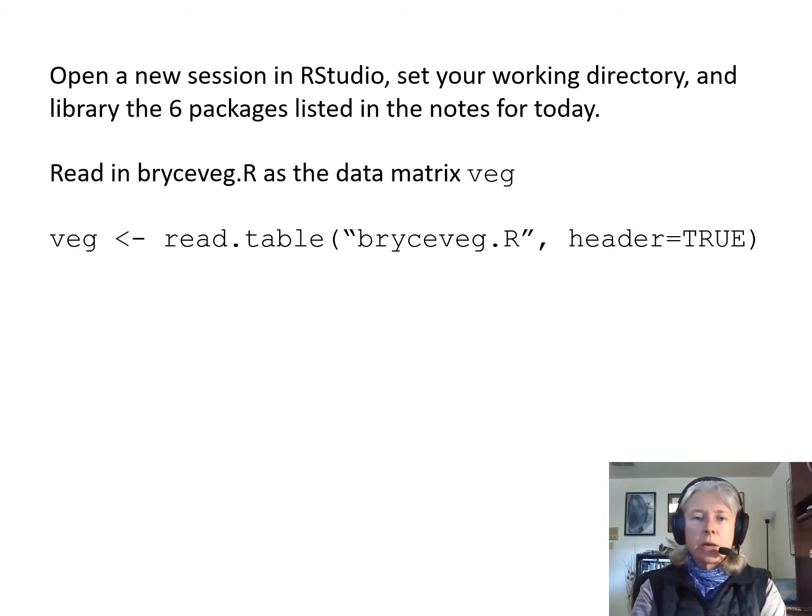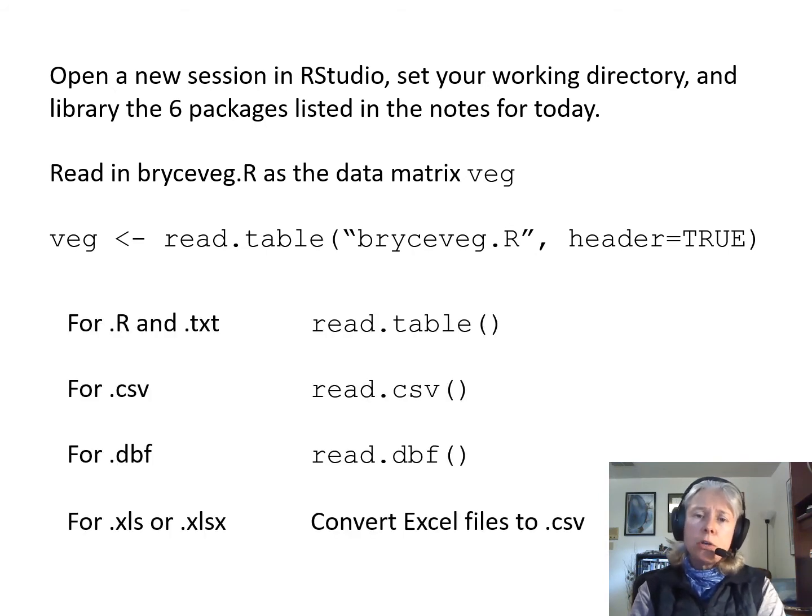For files that have the .r extension or a .txt extension, you can use the read.table function. If your data are in a CSV file, which is a comma delimited file, then the command is read.csv. If your data are as a dBase table or an xBase table, you use read.dbf.